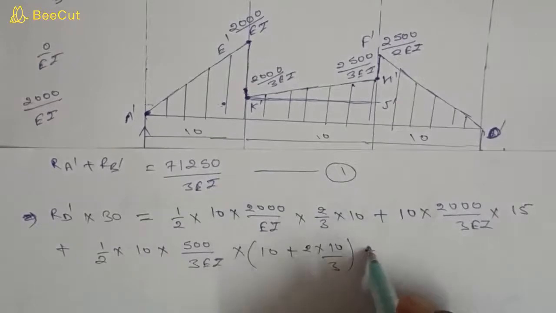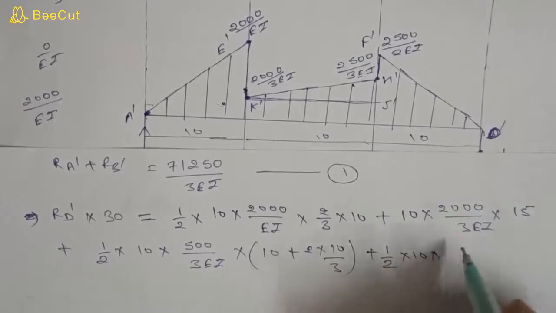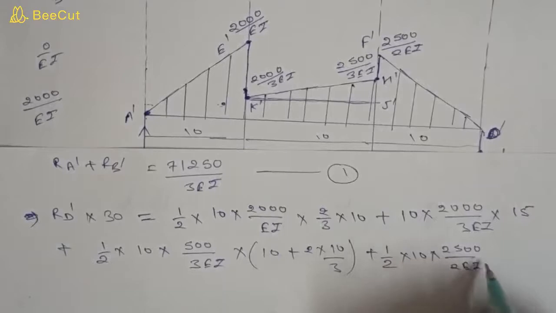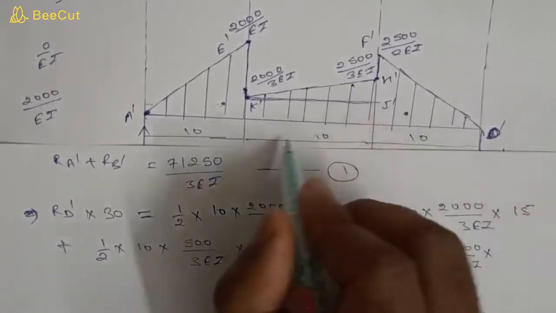Okay, plus this load, total load is half into base 10 into height 2500 upon 2EI into the distance from the centroid, 10 by 3 plus 20.